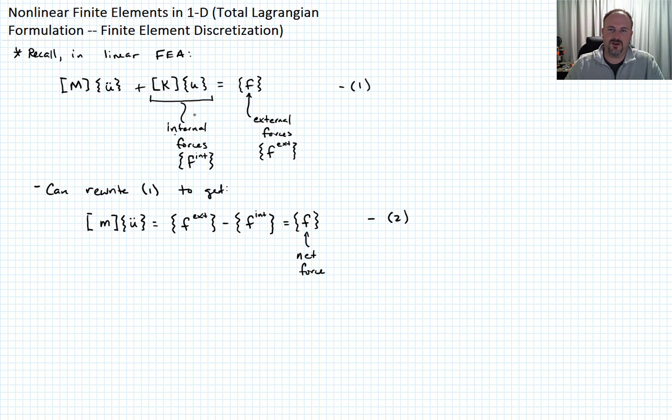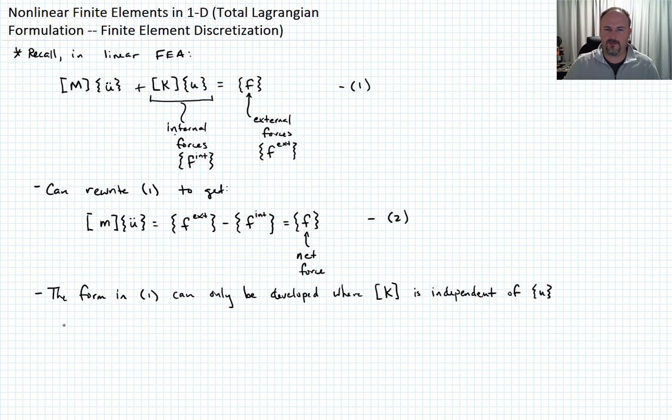It's going to be something a little bit more complex, or at least possibly more complex. So I'll just say that the form of equation 1 really can only be developed if K is independent of u. What that means is that equation 2 is really the more general statement. In this general case that we're developing, we're going to expect our solution to look like equation 2.